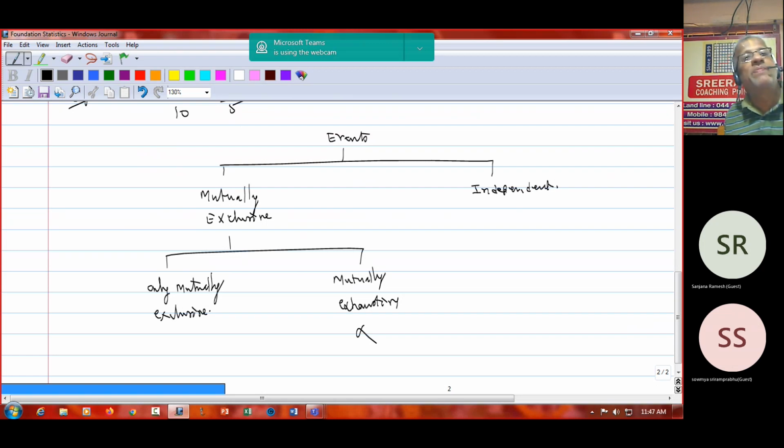Mutually exclusive and independent. What is the difference between the two? Come on, Sanjana, Soumya. Sir, I will be explaining it with sets. Shreya?